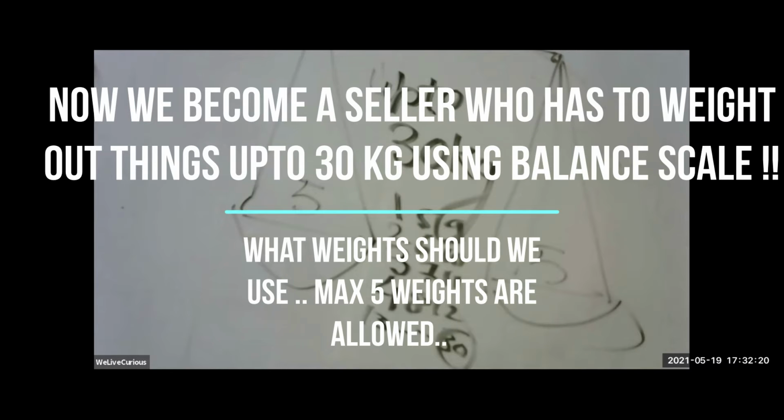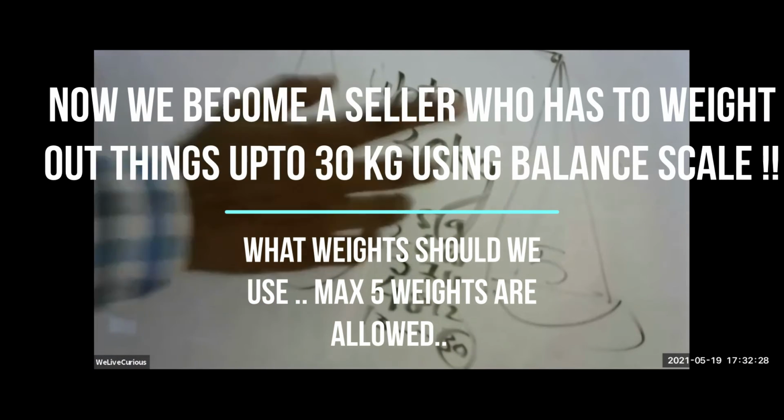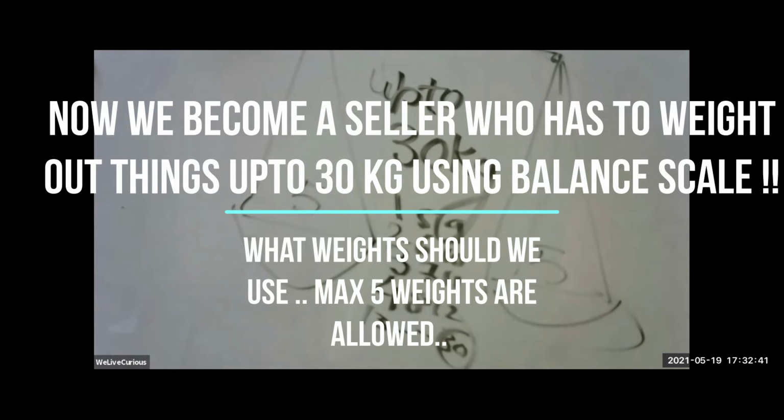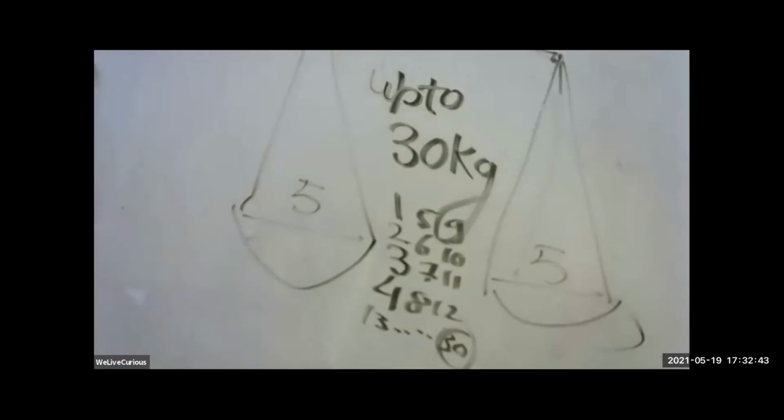Now, what is the minimum number of weights I should have in order to give the customer the material? What weights should I have in order to measure up to 30 kg? This is the question.